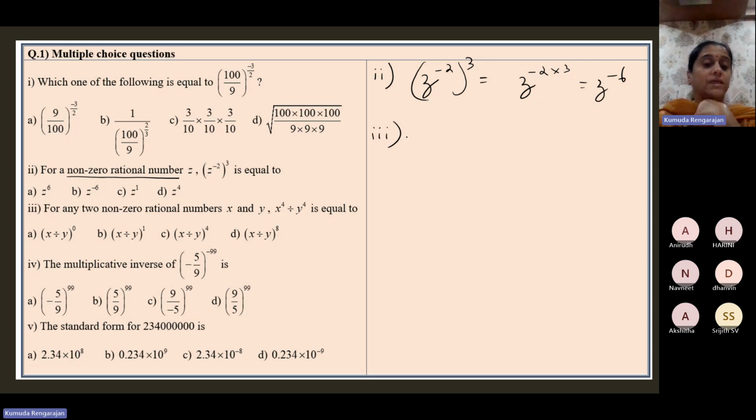Next one, Harini. For any two non-zero, so not zero, rational numbers x and y, x to the power 4 divided by y to the power 4 is equal to, Harini? Akshita?